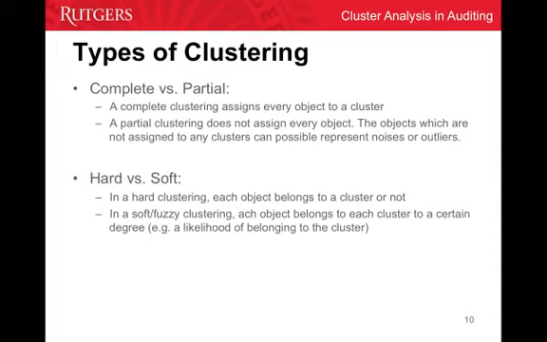Usually in fuzzy clustering, it assigns a membership weight between 0 and 1 for every object to every cluster. 0 means the object absolutely does not belong to this cluster, while 1 means the object absolutely belongs to the cluster. Any value between 0 and 1 means, for example, that the object has a 0.3 possibility to belong to this cluster and a 0.5 possibility to belong to the other cluster.